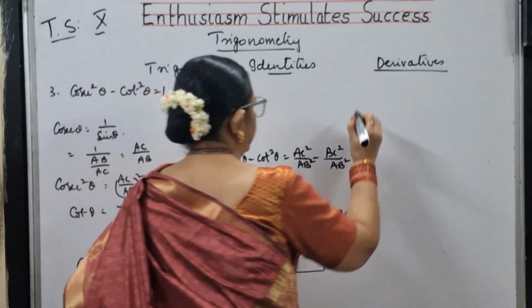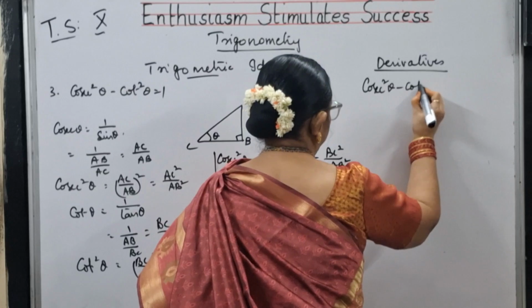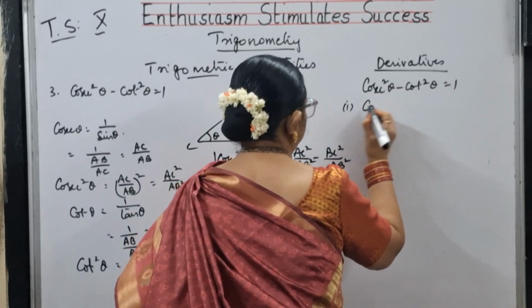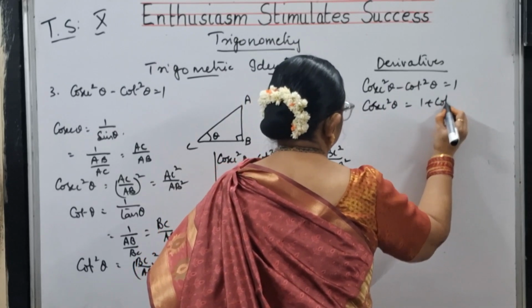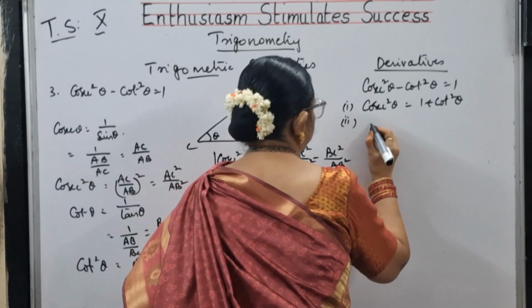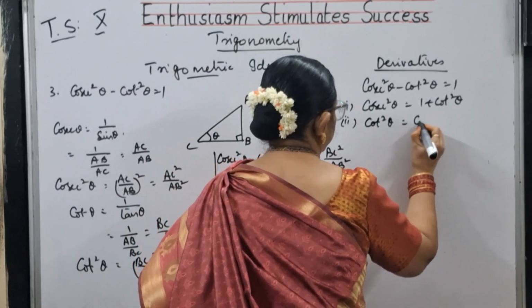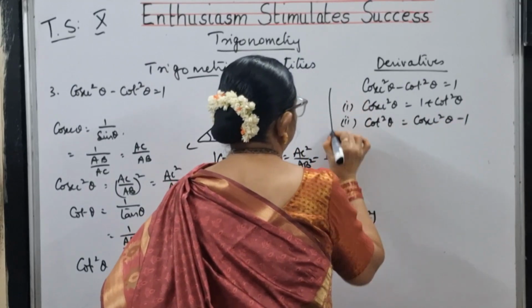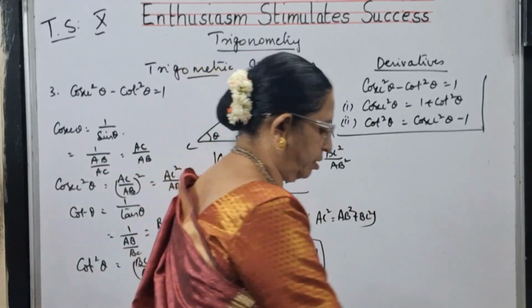Now when you go for derivatives, cosecant square theta minus cot square theta is equal to 1. So first derivative, cosecant square theta is equal to 1 plus cot square theta, and second derivative, cot square theta is equal to cosecant square theta minus 1. These are the derivatives for this identity, children.